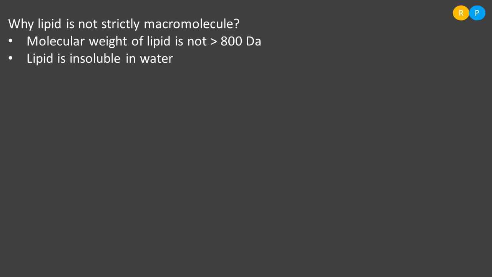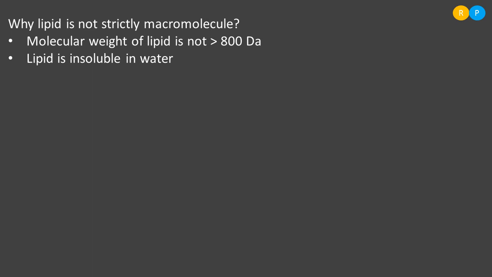If you look into the biomolecules present in the acid soluble pool, they are soluble in water. The best example is glucose. Glucose is soluble in water, and some of the nitrogen bases are also soluble in water. Amino acids are also soluble in water. Right? So the biomolecules present in the acid soluble pool are soluble in water.